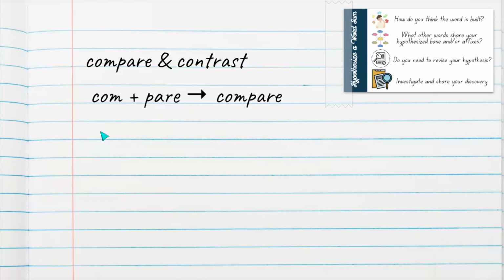So when we look at the word compare, I see COM as a prefix, PARE as some sort of a base, down base. And then when we read this arrow, we say it is rewritten as COMPARE, compare.